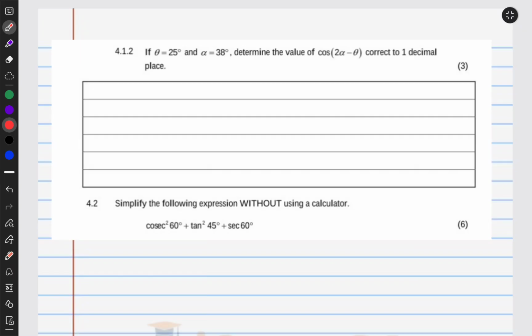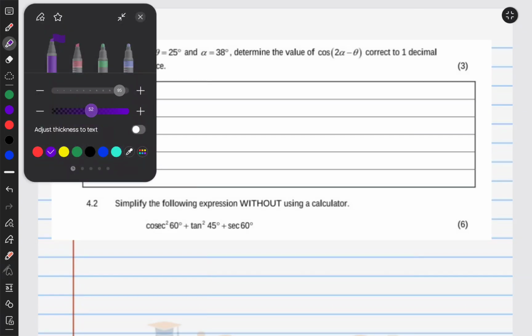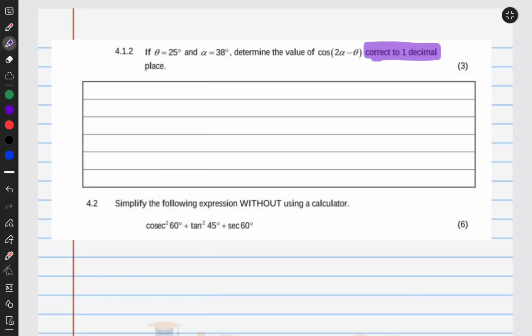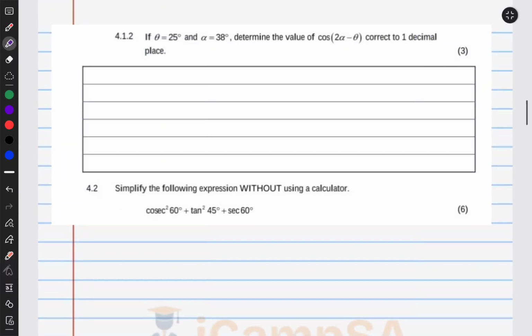If theta is equal to 25 degrees and alpha is equal to 38 degrees, determine the value of cos of 2 alpha minus theta correct to one decimal place. Once they tell you correct to some decimal place, I always know that you're going to have to use your calculator on those ones.